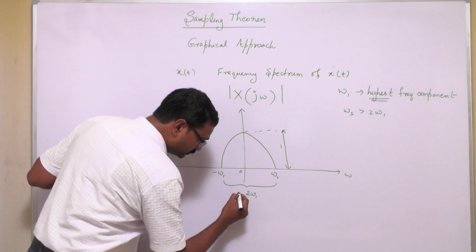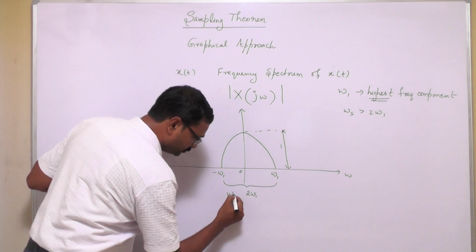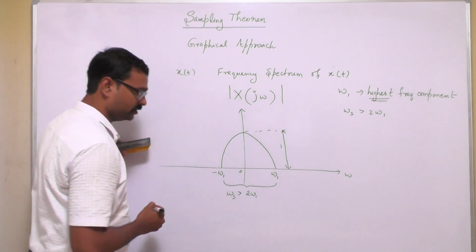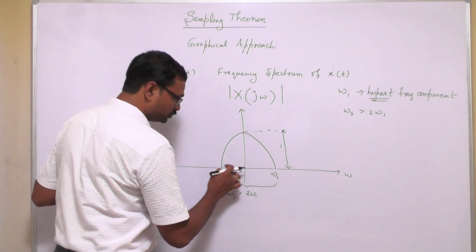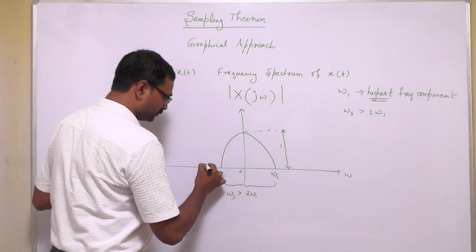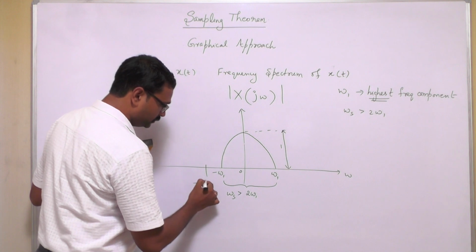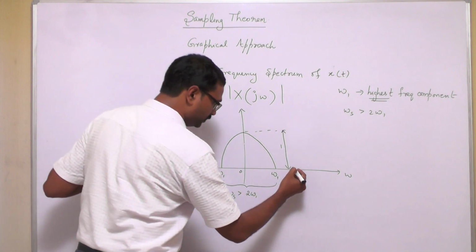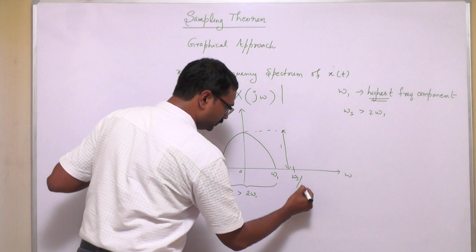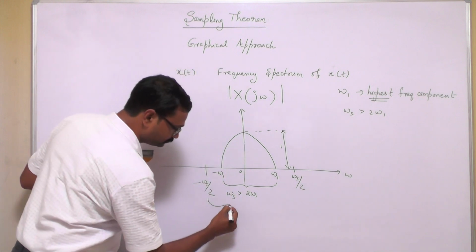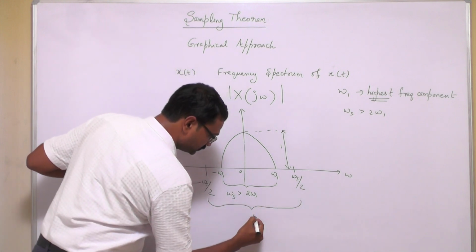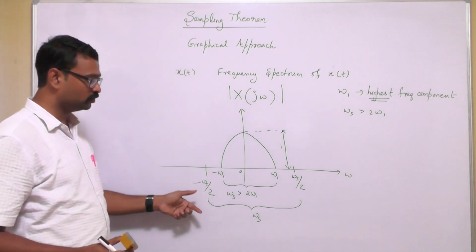Omega s must be greater than 2 omega 1. This is 2 omega 1, therefore if I place omega s by 2 here and omega s by 2 here, you have this as omega s, which is greater than 2 omega 1.